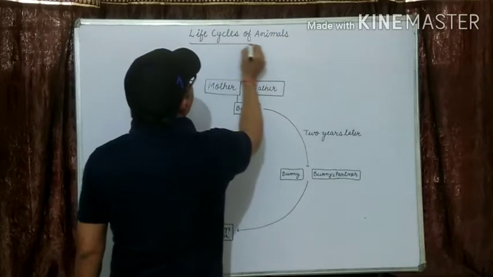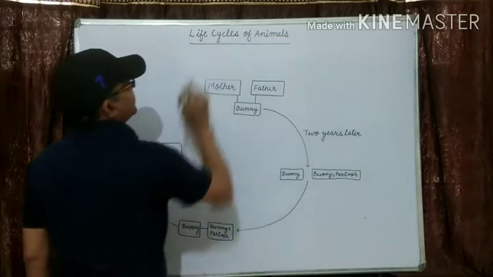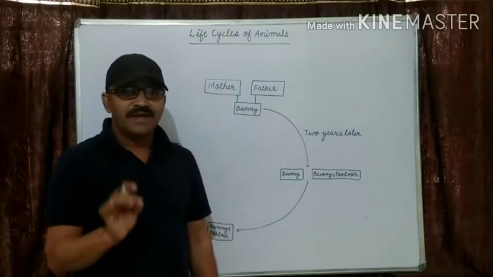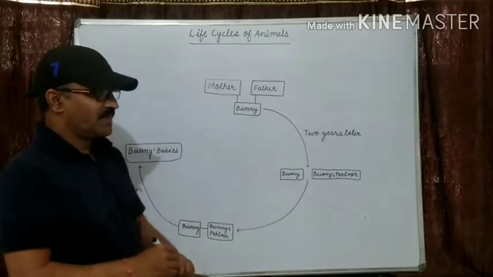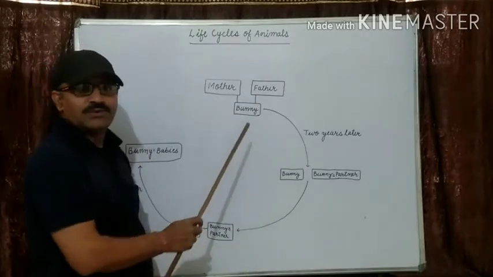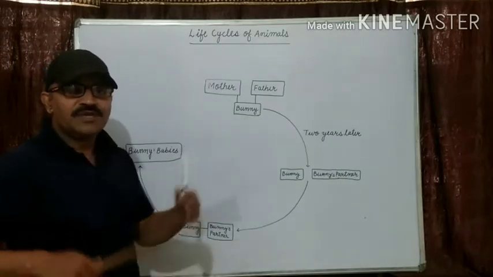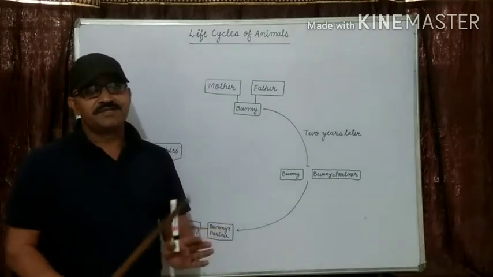This is the topic name, life cycles of animals. All the stages of animal life, from birth to growing and changing and producing young ones, make up its life cycle.